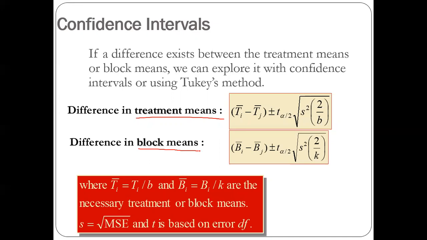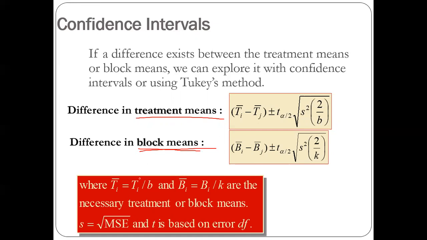You can choose either one. Like I said, if you choose the treatment, just proceed with the treatment means formula. If you use the F statistic value for block means, just proceed with the difference in block means formula.